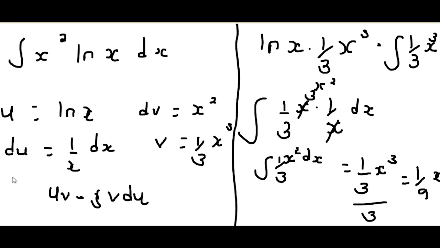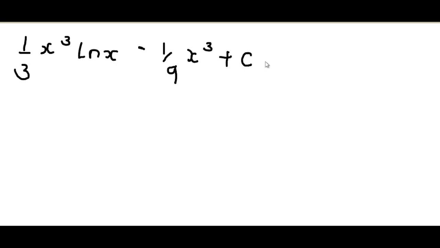So when we join the uv that we had gotten with this, we'll find it as a third x cubed ln x minus 1/9 x cubed plus c.